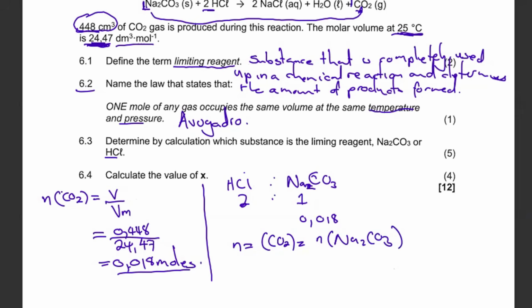Therefore, given that HCl to sodium carbonate is 2 to 1, we can deduce that the number of HCl required is equivalent to half the number of moles of sodium carbonate, which is 0.018 moles.